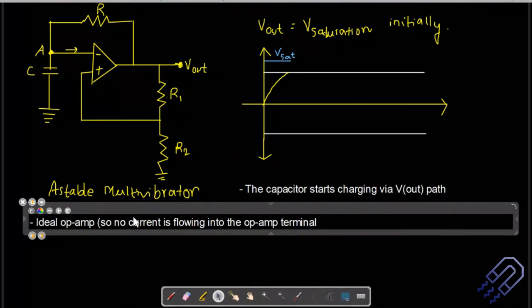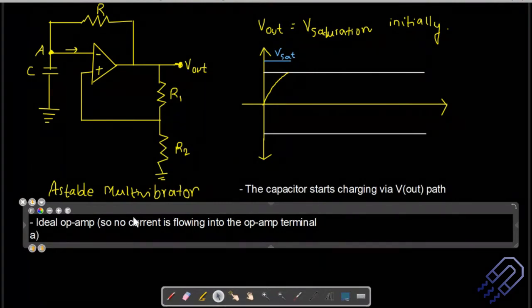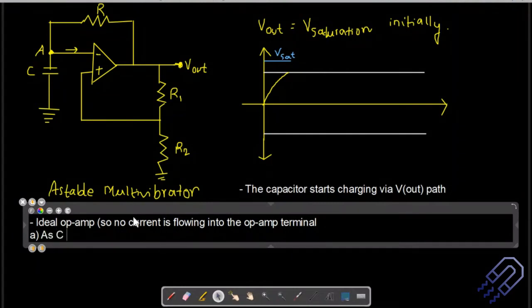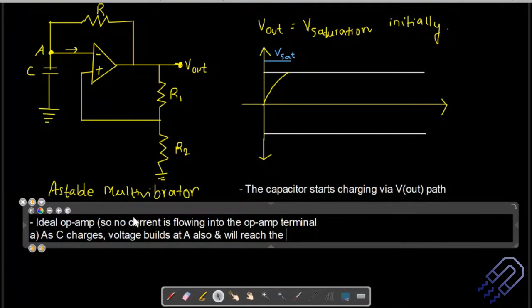Let me mark this as A. What is this A? As C charges, the voltage builds at A. You can just repeat the diagram. The voltage will start building at A, as well as at the charging point, and will reach the upper threshold voltage.